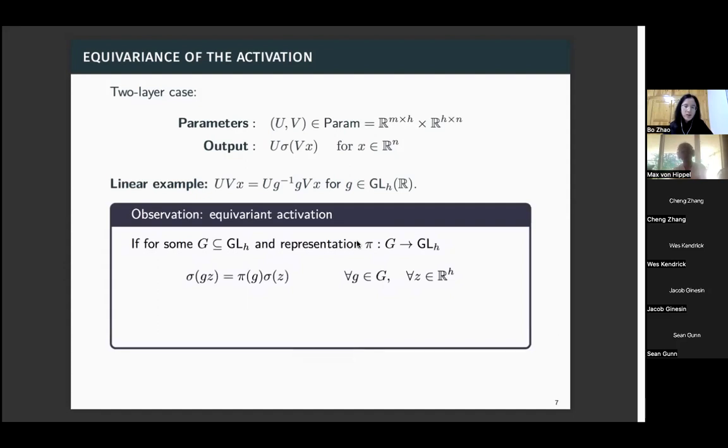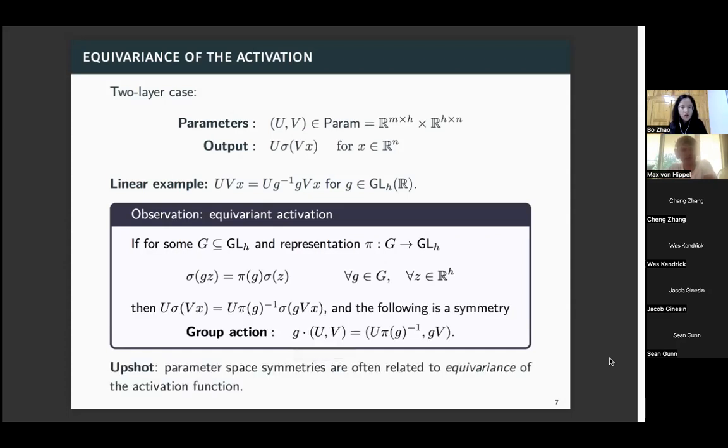And what we observed is that suppose we have a symmetry group G, and we have a representation pi of the group. Then suppose also that the following relation holds: sigma of GZ equals G times sigma of Z. This is saying that sigma and G are commutative.